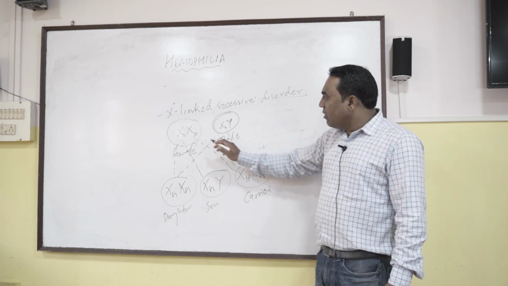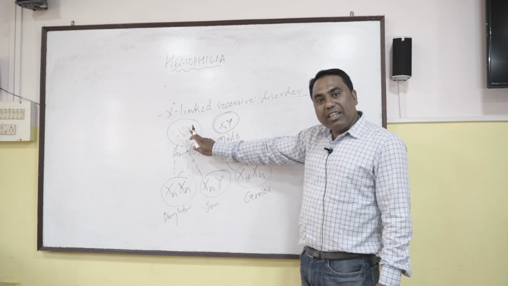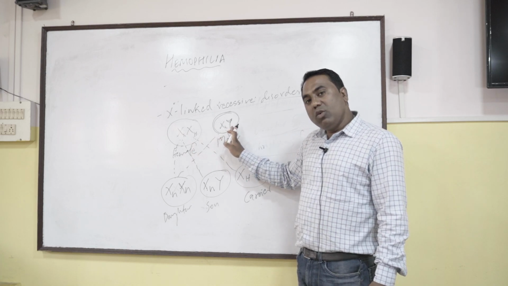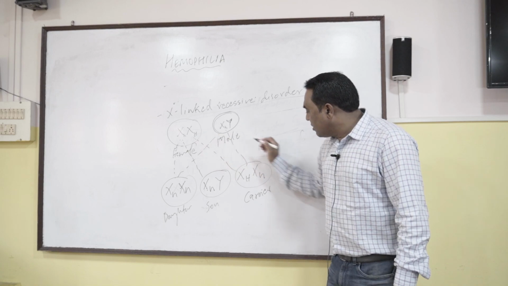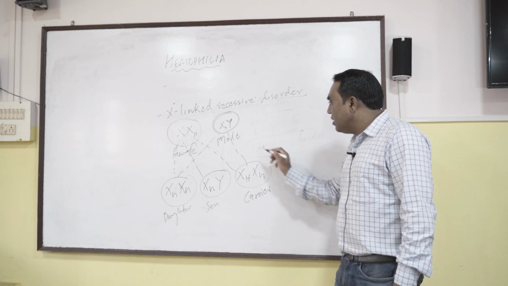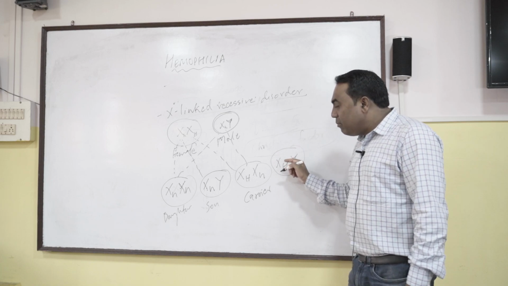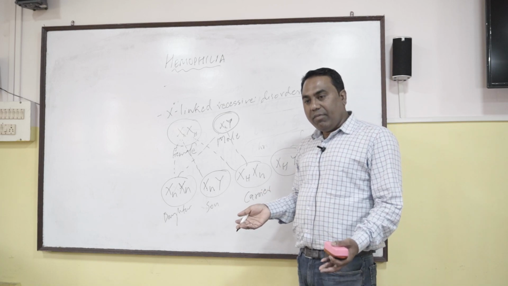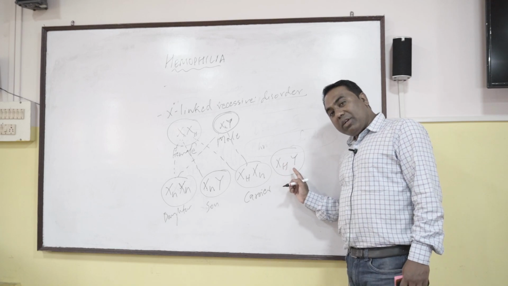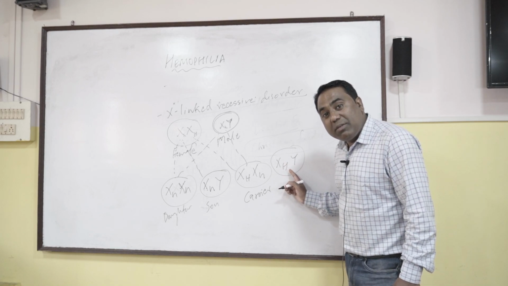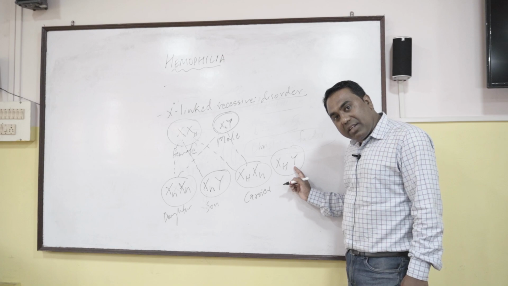Now the last, the son, obviously has to get one X chromosome from the mother and Y from the father. So the X with capital H will come from the mother and Y from the father for him to become a male. Now if you look carefully, is he going to show the symptoms? Is he going to be a hemophilic patient?